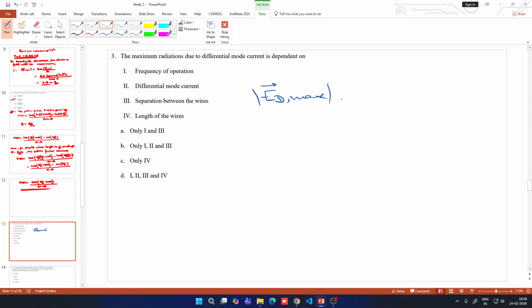E_D max is given by 1.316 times 10 to the power minus 14, times F squared, I_D, the differential mode current, L is the length of the wire, S is the separation between the wires, divided by D, and D is the distance between the observation point and the wire.